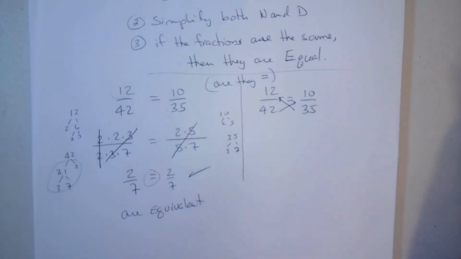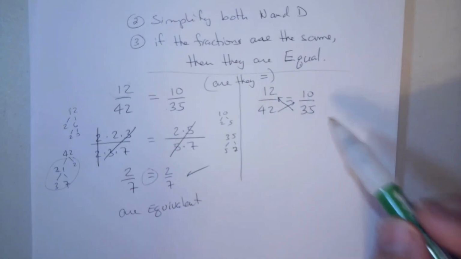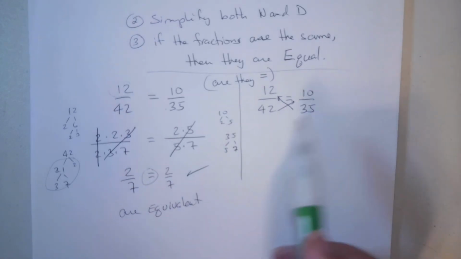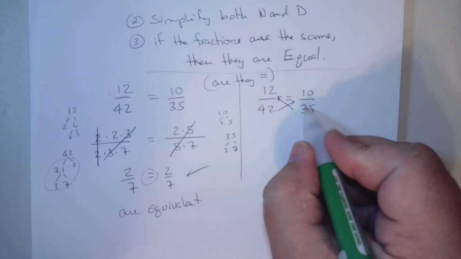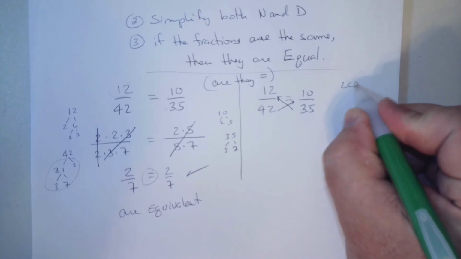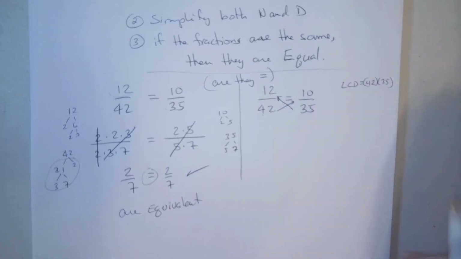Now cross multiply. Remember the rule I always like to live by: if you have fractions and equals, multiply by the LCD, which is 42 times 35. And then the 42's cancel, so let me show you. So the LCD is 42 times 35.